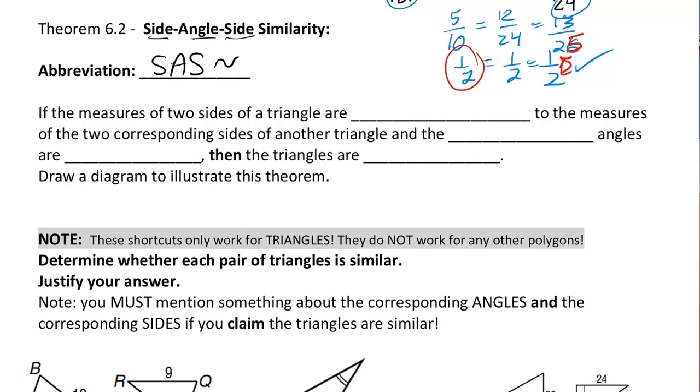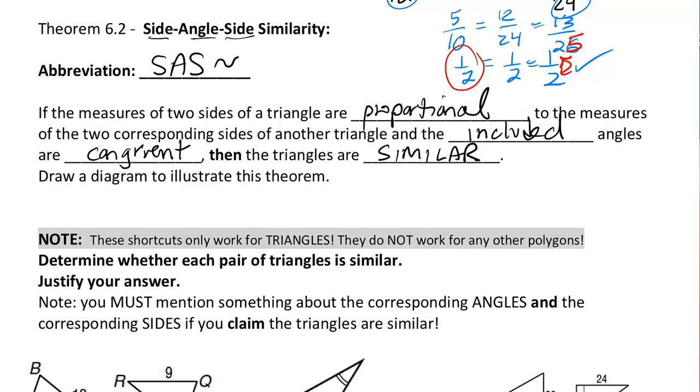If the measures of two sides of a triangle are proportional to the measures of the two corresponding sides of another triangle, and the included angles are congruent, then the triangles are similar. It's important that the angle is the included angle. So let me draw you a diagram.